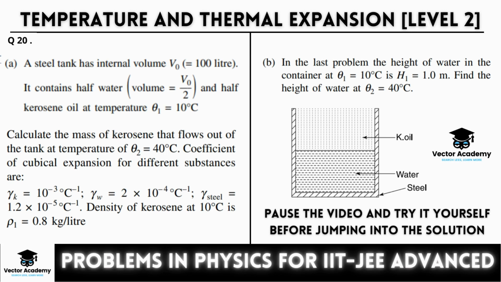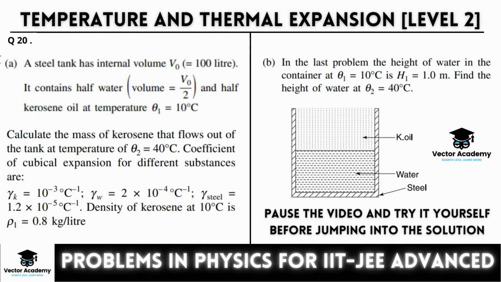Coefficients of cubical expansion for different substances are: coefficient of cubical expansion of kerosene oil, gamma K equals 10 to the power of -3 per degree Celsius. Coefficient of cubical expansion of water, gamma W equals 2 into 10 to the power of -4 per degree Celsius.